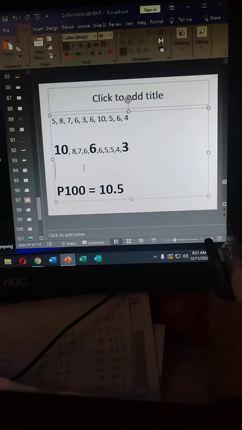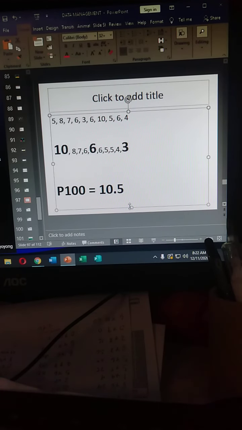Always get its upper boundary, which is the score plus 0.5. So, P100 is 10.5. That is the score that corresponds to the 100th percentile.